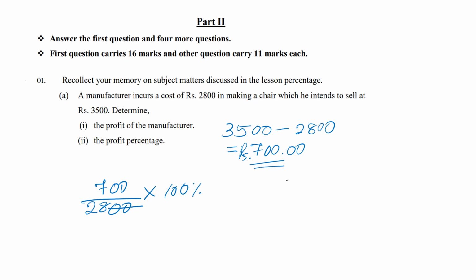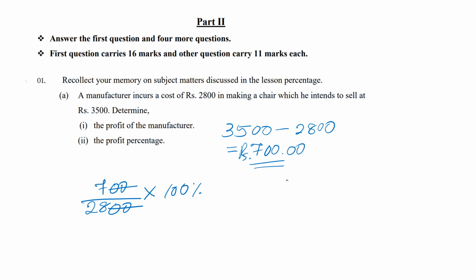Then you can cancel out these 2 zeros, which means you divide 700 by 100 and also divide 2,800 by 100. That is the division method, the kind of way we simplify.